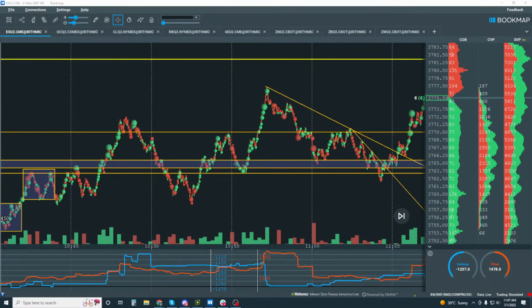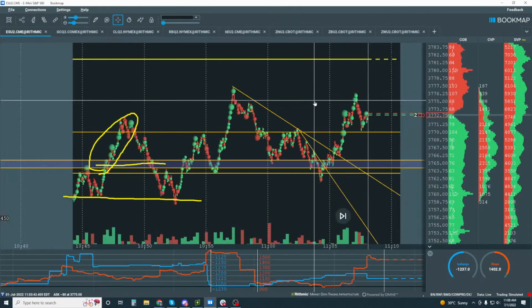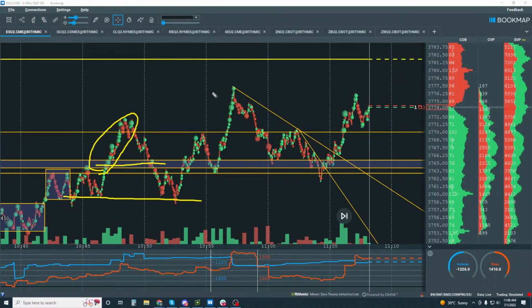All right. So this directional move here, and then we anticipate the support here. It failed, so it came back down to the bottom of the range. Here we saw the same thing.